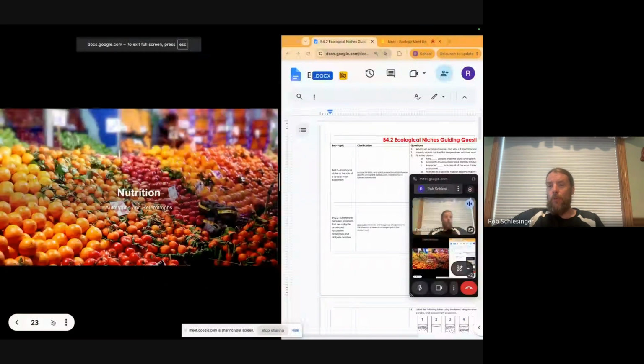And the fourth one is making sure you're clear that a habitat and a niche are two different things. A habitat is the location, the niche is the role that an organism plays within that location. So if you guys feel comfortable with that, we'll move on. And I will take your silence as a yes.